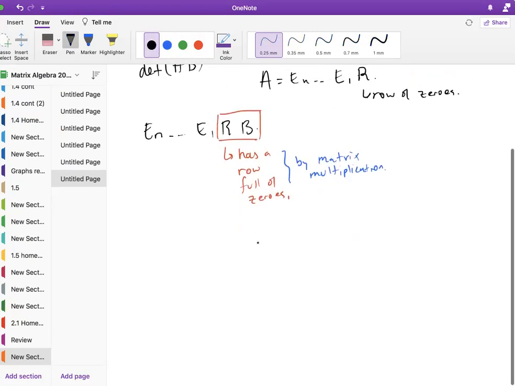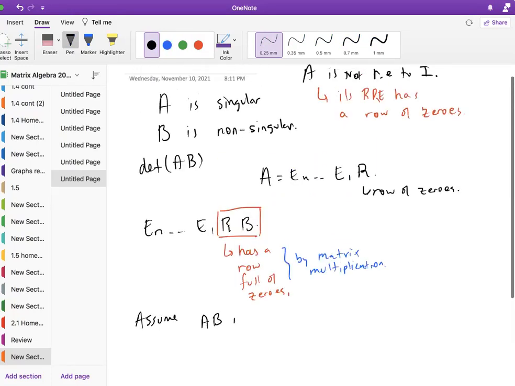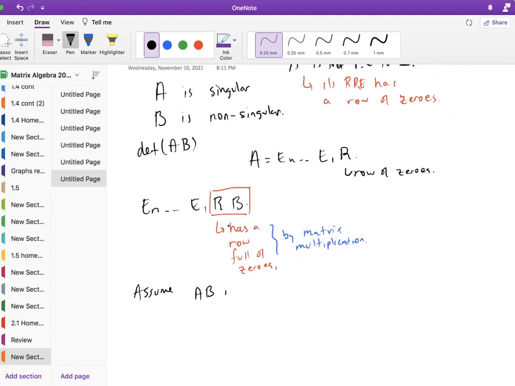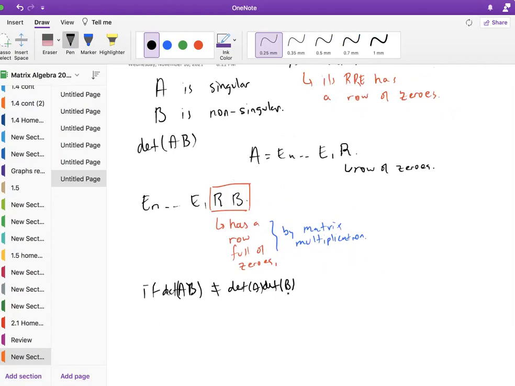All right, so let's keep that in mind. Let's assume AB. So you tell me. If the determinant of AB is not equal to the determinant of A times the determinant of B, what does that mean about the determinant of the product? So first of all, what's the determinant of A?